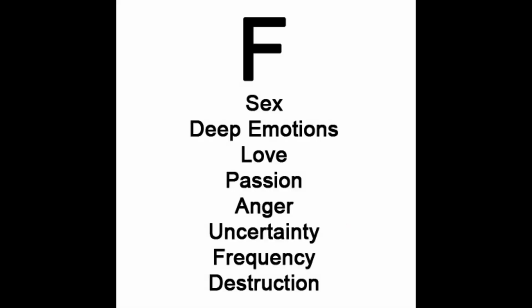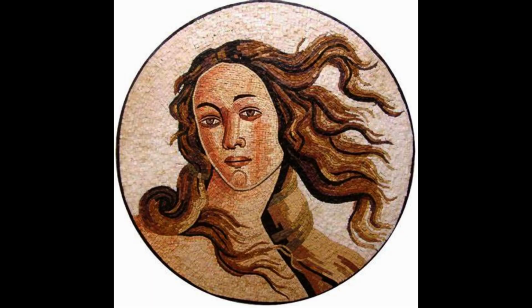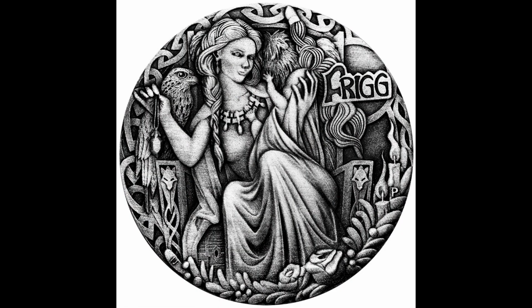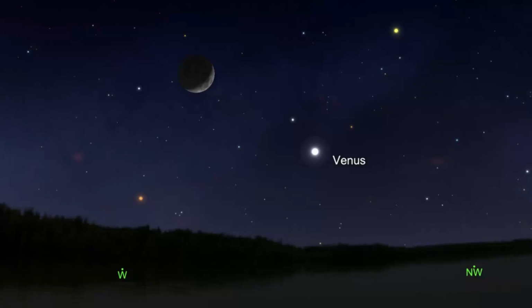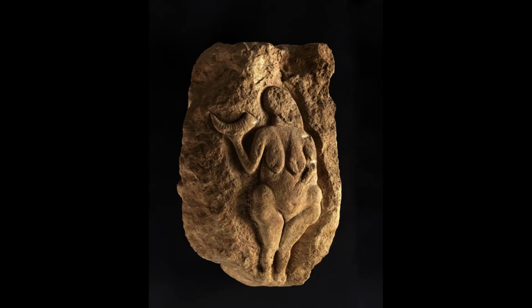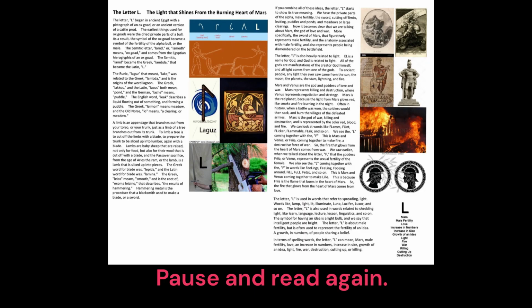Now, if you use the F, you have the L and the F that comes together and creates life, which is the man and the woman coming together to create existence. So the V is also the F, and they both represent the planet Venus and the goddess of love and the characters that portray Venus. Just like L is Mars and Ares and Tyr and all of the gods of war that are portrayals of Mars.